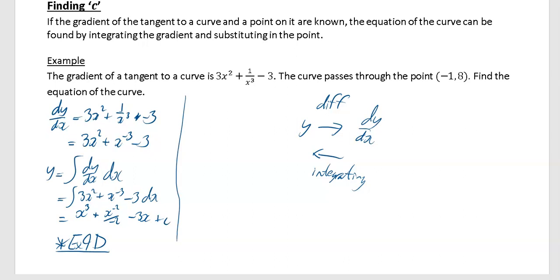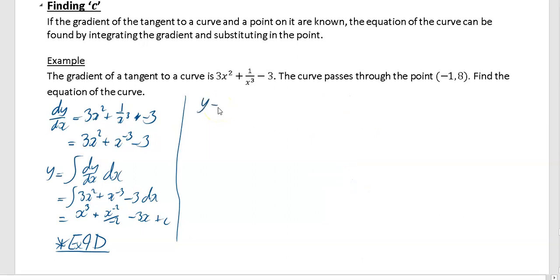Okay, I'll just write that up here. Bear with me, I'll just rub a few things out. Okay, so we'll write that again. Your y then is equal to x cubed, and then we had x to the minus 2 divided by minus 2. We'll show all our steps here, so that is going to be 1 over minus 2 upon 1 over x squared, minus 3x plus c.